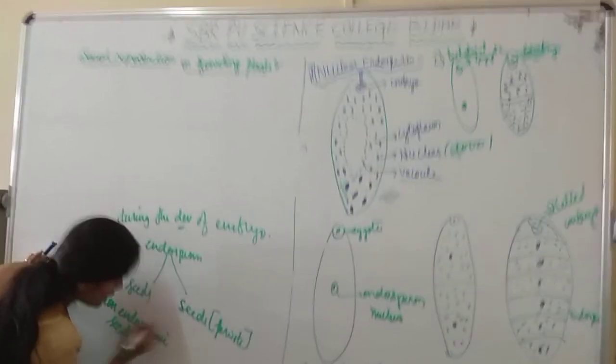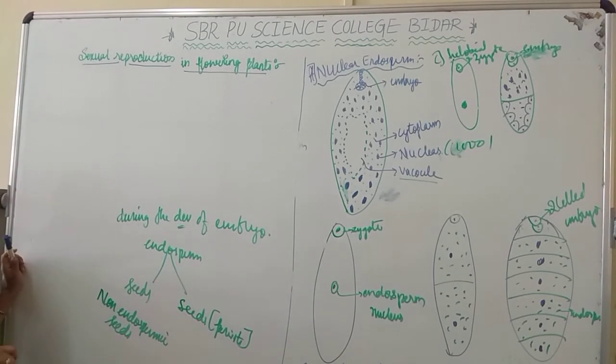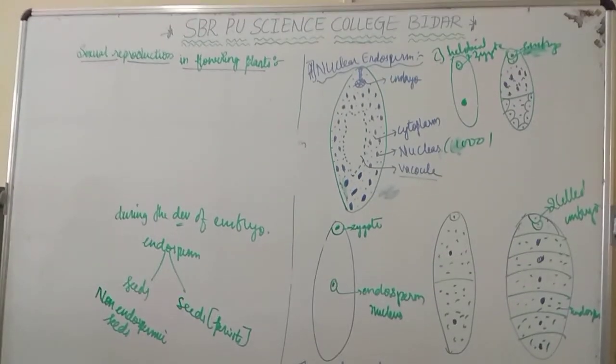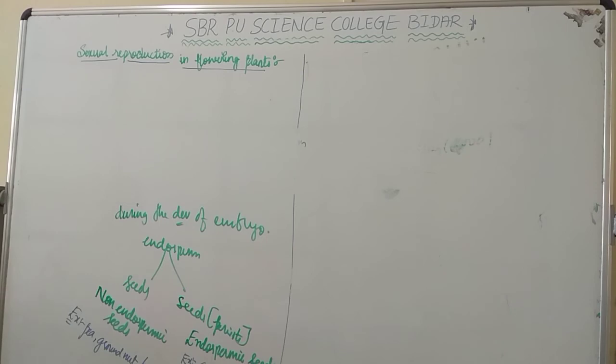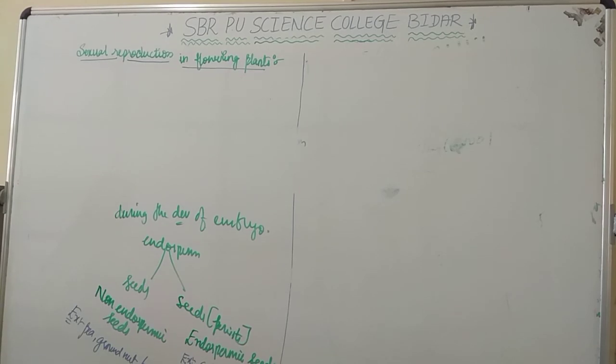seeds. Okay, in some of the seeds, even though the embryo is developing by taking nourishment from the endosperm, at the end, depending upon the amount of endosperm consumed by the embryo during the development of the seed or embryo.